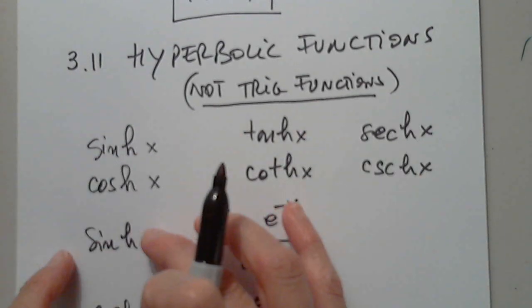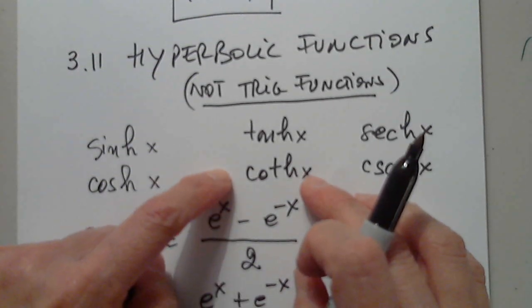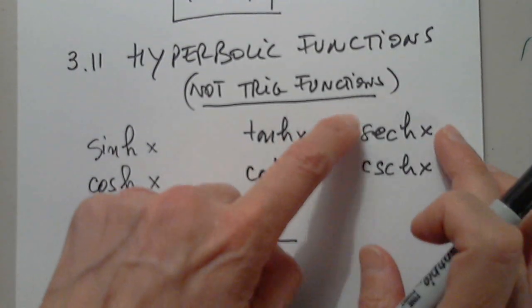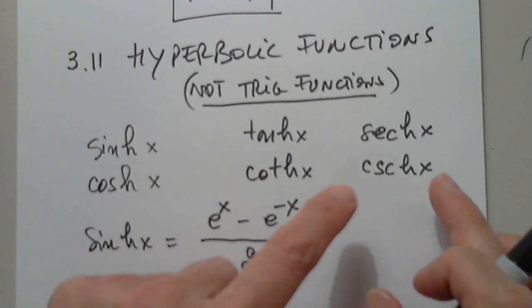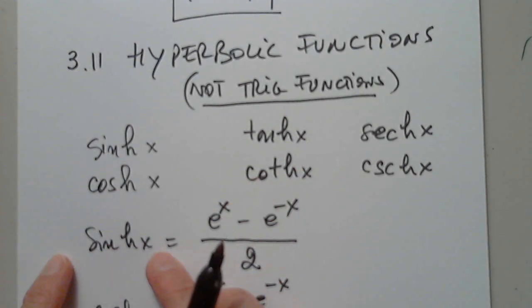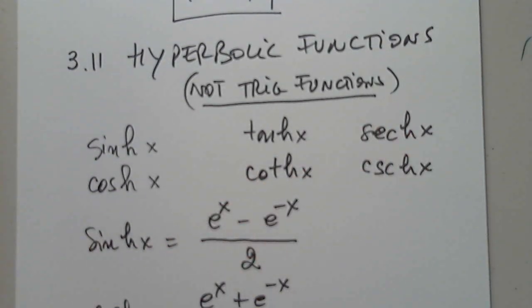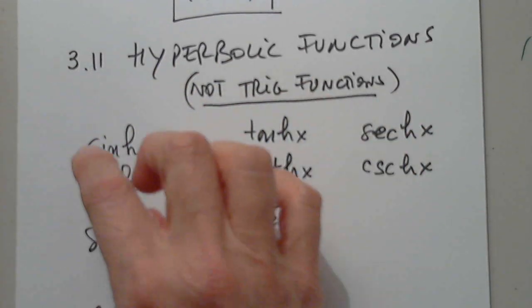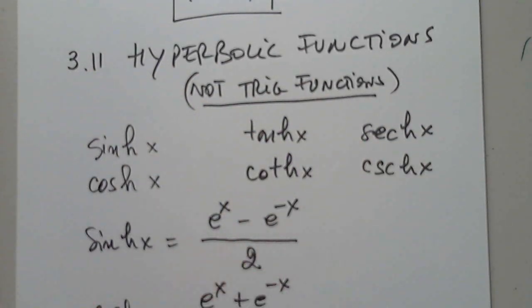Hyperbolic tangent is sine over cosine. Hyperbolic cotangent is cosine over sine. Hyperbolic secant is 1 over cosine. Hyperbolic cosecant is 1 over sine. So that's why we use the names of sine, cosine, tangent, cotangent, because they have similar relationships.